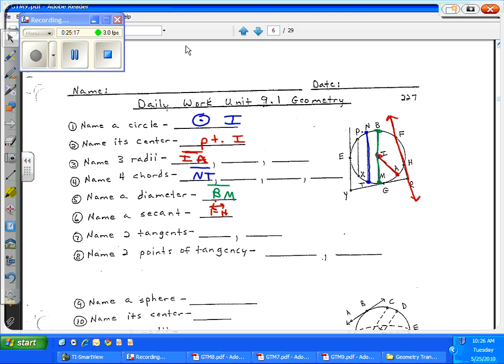Two tangents. A tangent is a line that lies in the plane of a circle and intersects the circle in only 1 point. So one tangent line is, we want arrows on this one, line EY.